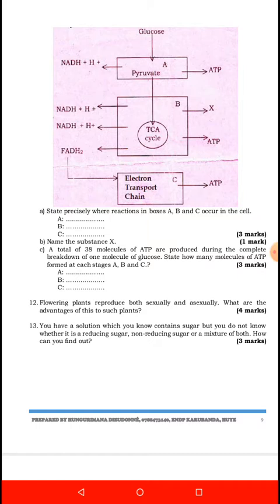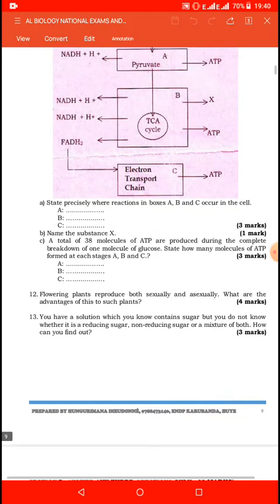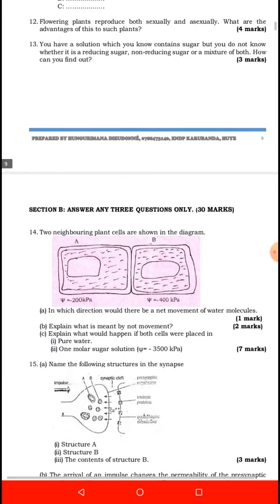Growing plants that reproduce both sexually and asexually: what are the advantages of this to such plants? This is a question. Answer any 3 questions. This is section B. This is about osmosis.